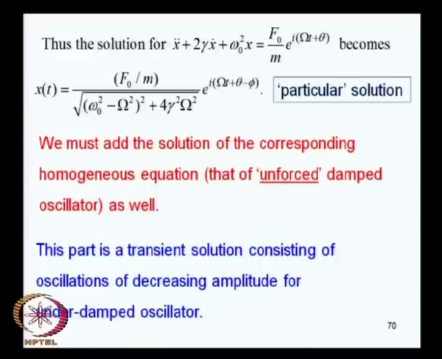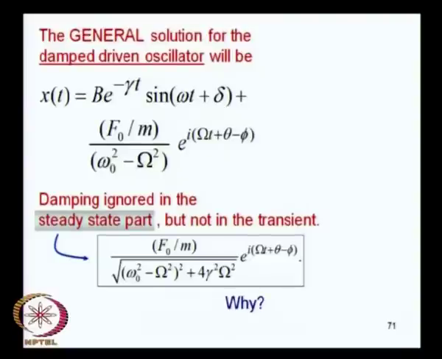It has got a diminishing amplitude of the underdamped oscillator, it is going to die out in a certain amount of time. So, that is the transient solution, and the general solution now is a superposition of this transient plus the steady state, and in the steady state I have ignored the omega part, but not over here, because the contribution of omega to this whole term is not going to be very significant, whereas over here to the transient it is critical, because it is actually going to cause the overall amplitude.